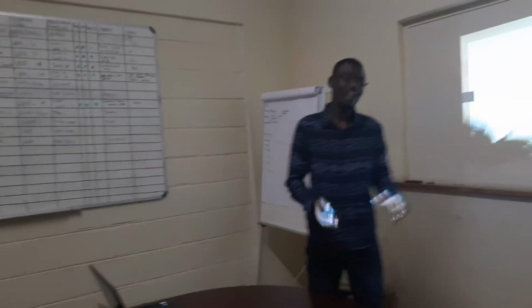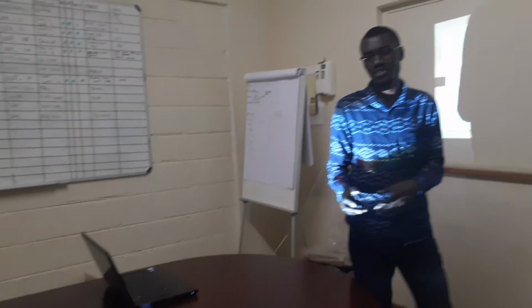Okay, sir. Nonetheless, I have questions for you. So, what do you think internet is? Internet is a global network of connected computers that is used for communication, internet banking, and for research purposes.